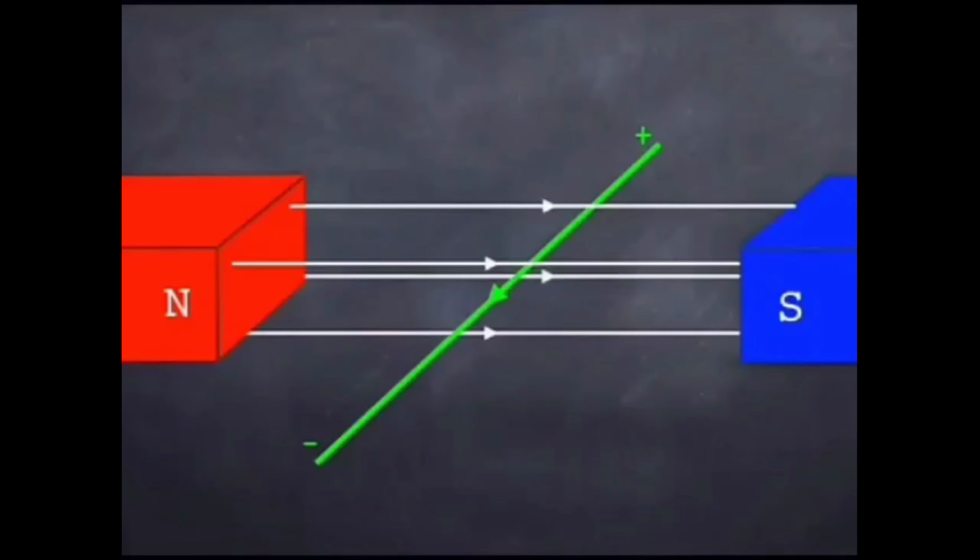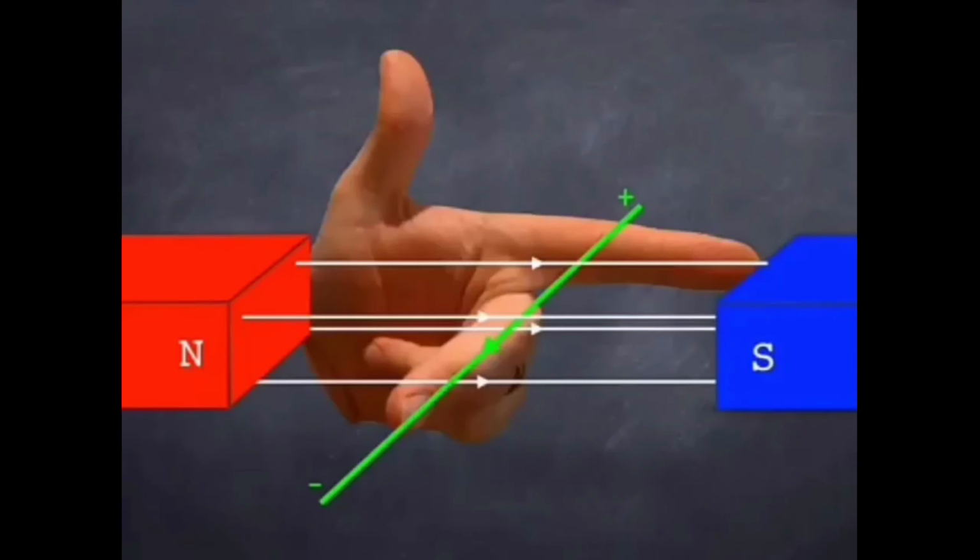In this example, the magnetic field is going from left to right, and the direction of the current is going to the outside of the page, meaning if we line up those fingers to the direction of the current and the magnetic field, we get the thumb going upwards. That is the direction of the movement of the wire.